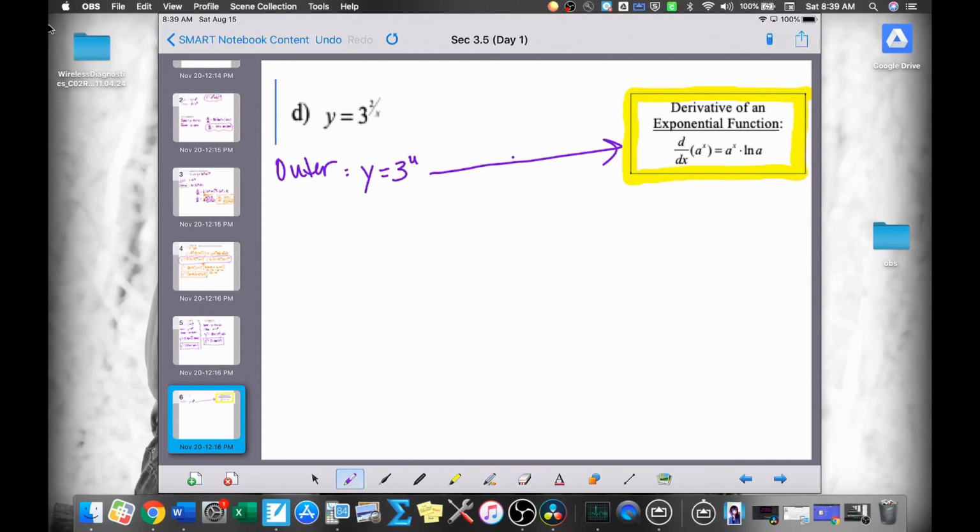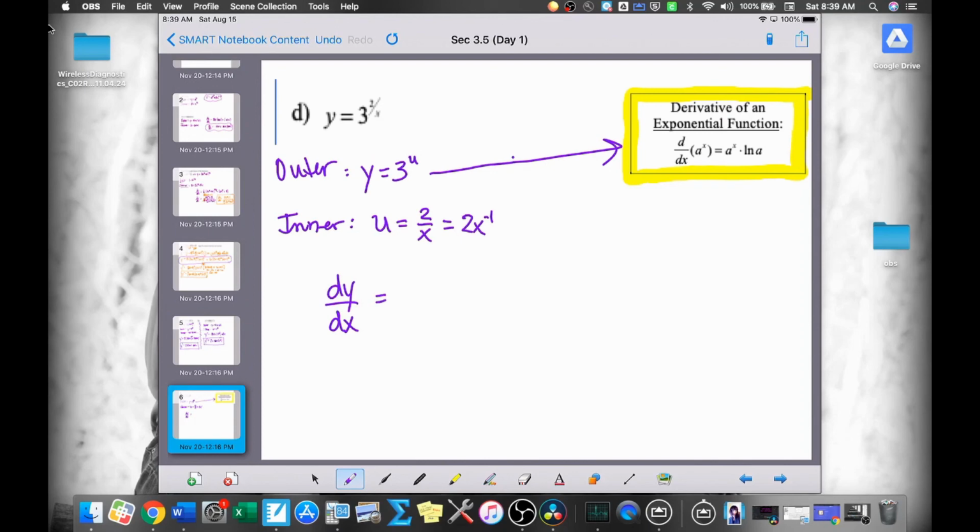And then our inner function is u is equal to 2 over x, which you should be thinking is really a polynomial. 2 over x is really 2 times x to the negative 1 power. So when I take my derivative, my dy dx, or my y prime, however you want to write it, let's start by differentiating the outer function at the inner.